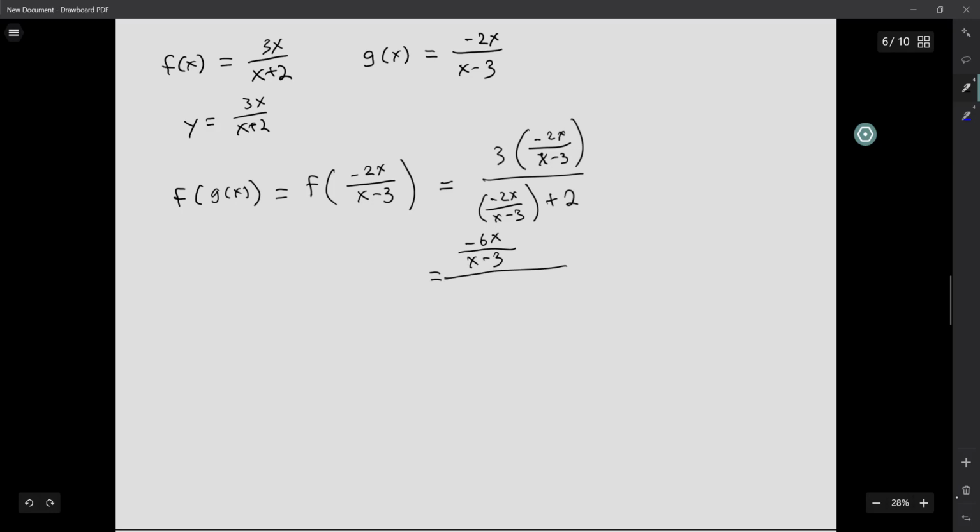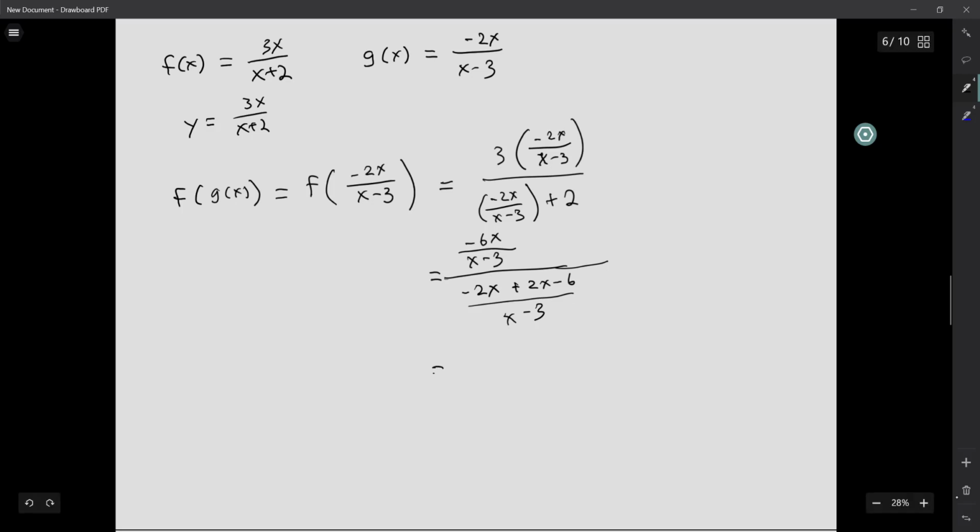On the denominator half, I'll find a common denominator. So this would be minus 2x plus 2x minus 6 all over the shared common denominator of x minus 3.